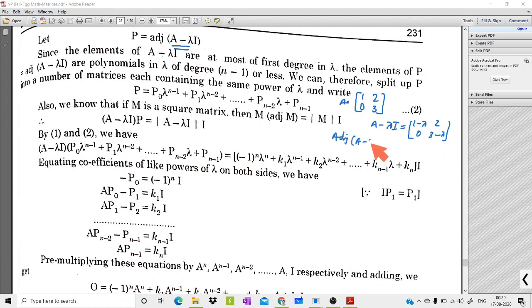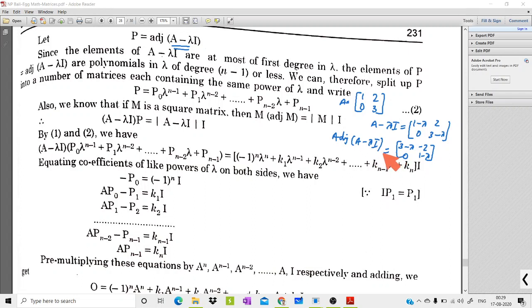You can easily get the adjoint of a 2 by 2 matrix by interchanging the diagonal entries and reversing the sign of the off diagonal elements. So this is 0 and this is minus 2. This is the adjoint of A minus lambda I.